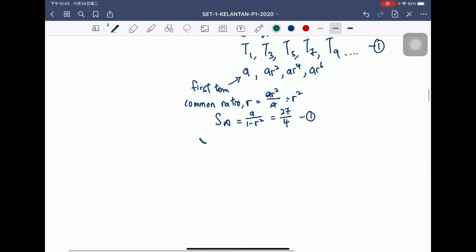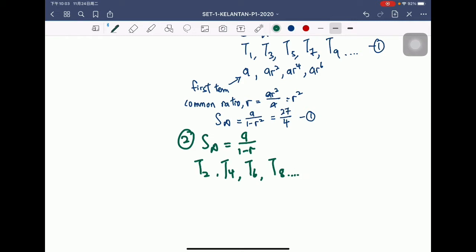So it is still the sum to infinity, S infinity equals a over 1 minus r. However, for the second progression here, the first term will be T2, the second term will be T4, then T6, T8, and so on.